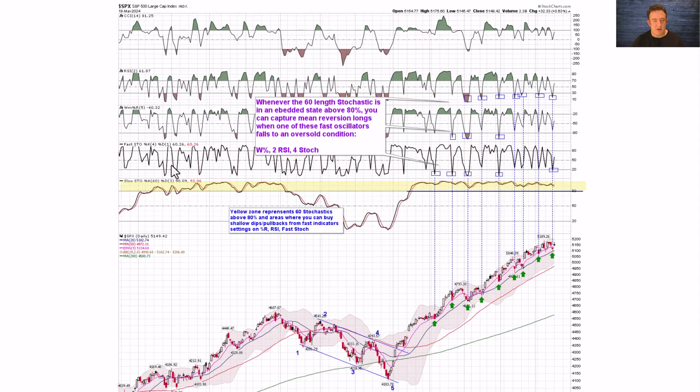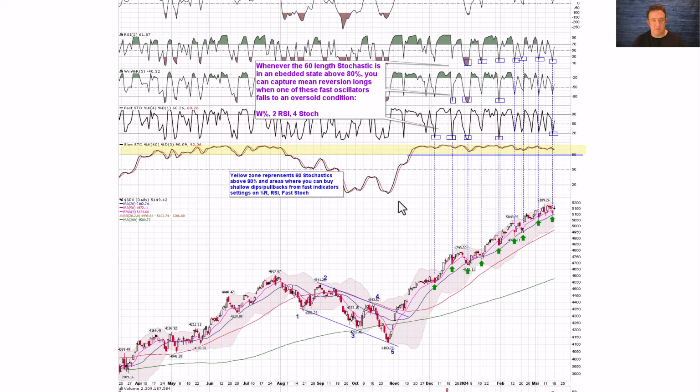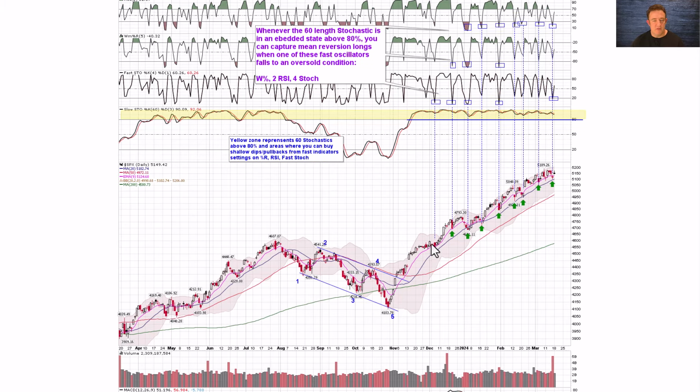But a 60 stochastic is literally about 5 times longer. And so what it will do is it'll trend for long periods of time. And what I've noticed over the years is when you're uptrending strongly, it'll stay embedded over 80%. Like you see here, it's been embedded over 80% since mid-November.